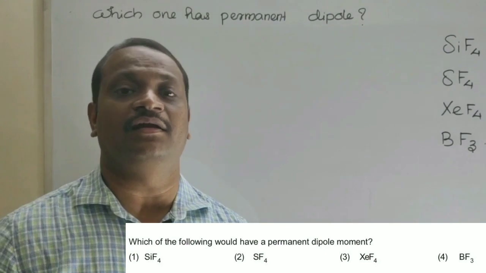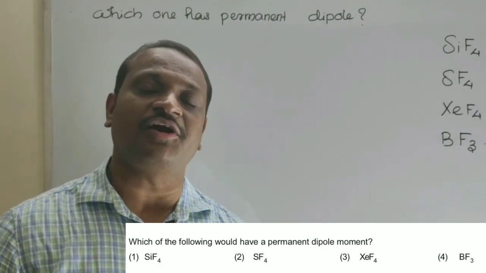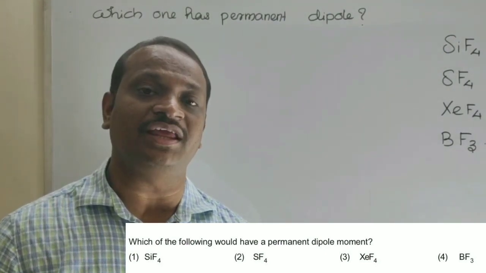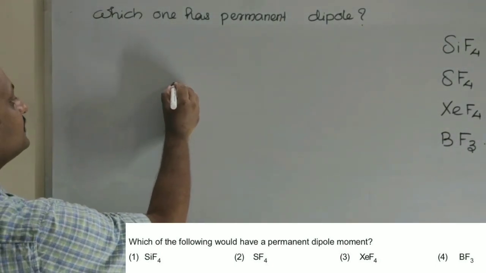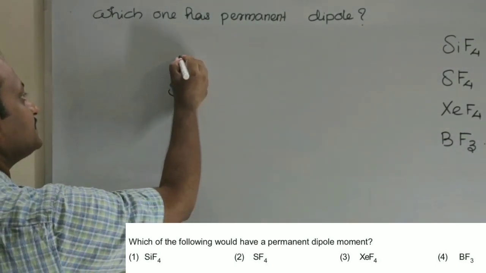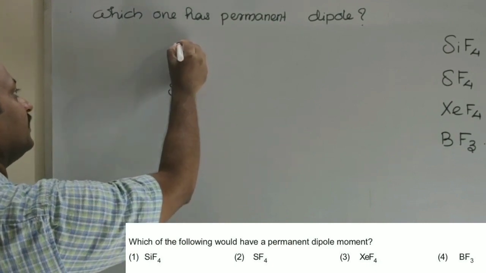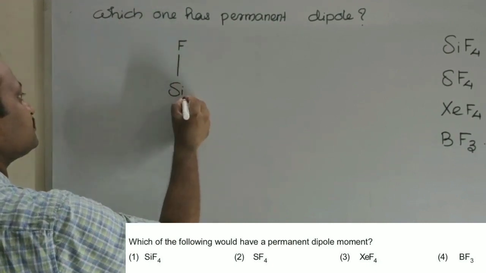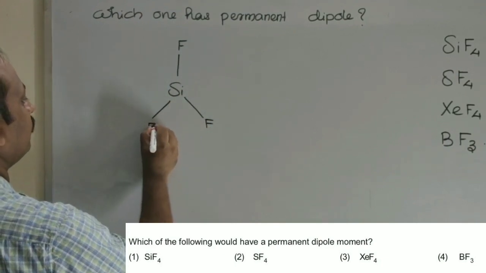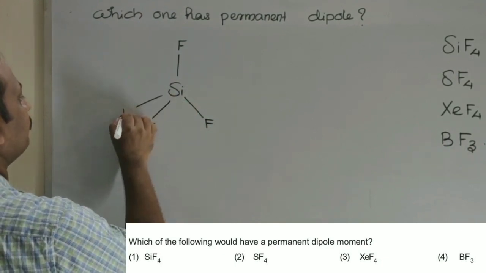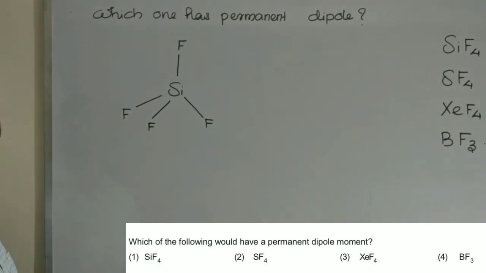CH4 means tetrahedral structure, and in this tetrahedral structure we don't have any lone pair. So I can just write the structure of SiF4. Just like CH4, silicon at the center. Here we have fluorine, similarly here also fluorine. Next, fluorine here, next, fluorine here. See, this is tetrahedral.